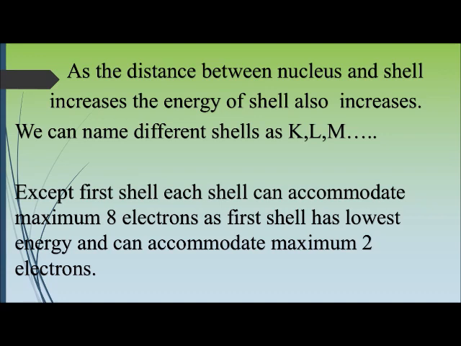Except the first shell, which has lowest energy and is near to the nucleus, so it can accommodate only 2 electrons. The rest can have 8 electrons. Why can they have more electrons? Because they have more energy and they can accommodate maximum 8 electrons.